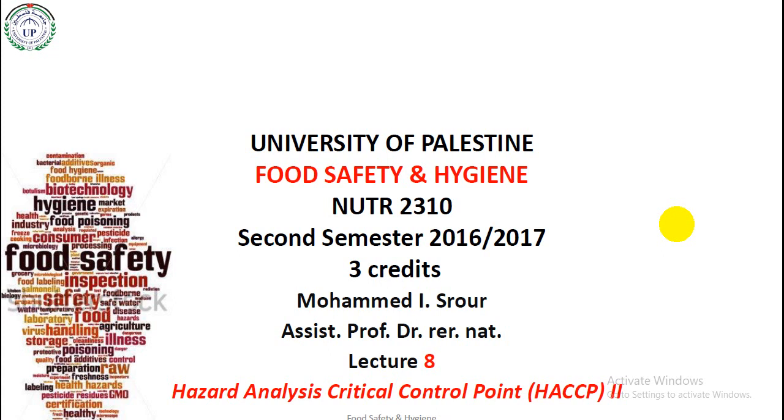Number 5 is establishing the corrective action, and this is really the most important one, because otherwise, without finding appropriate corrective action, I cannot manage and correct the process of the food.